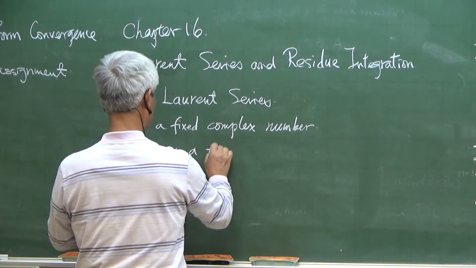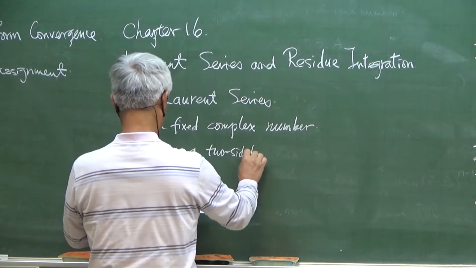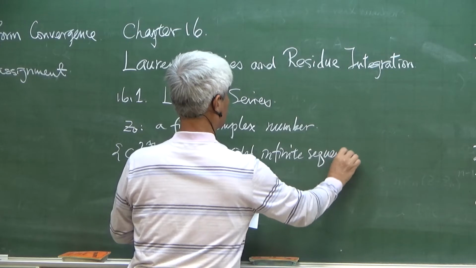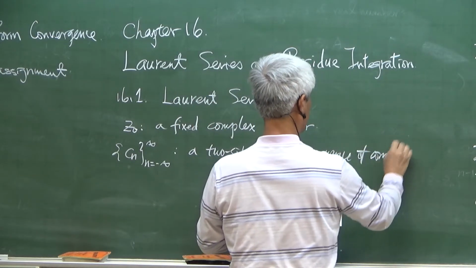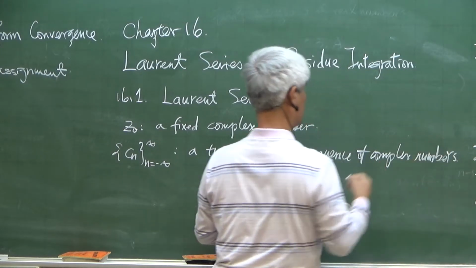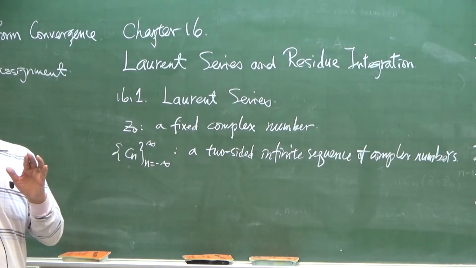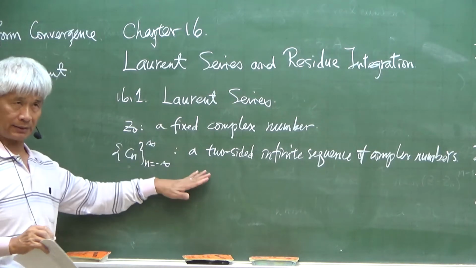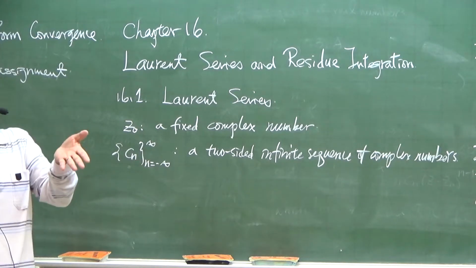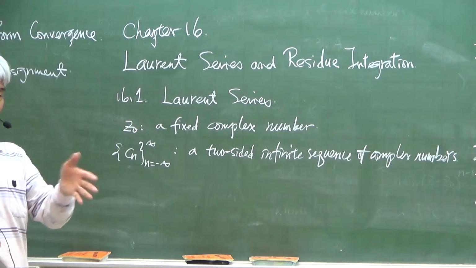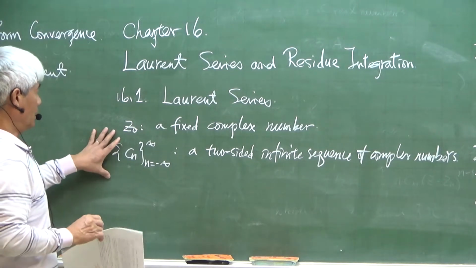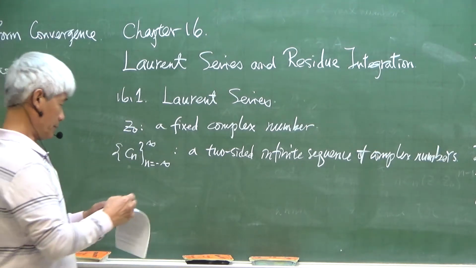So it's a two-sided infinite sequence of complex numbers. Unlike the power series, where you have only a one-sided infinite sequence, right? Starting n from 0 or starting from 1, that's fine, right? 0, 1, 2, 3, 4, 5, or 1, 2, 3, 4, 5, etc. But to define a Laurent series, you need a two-sided infinite sequence of complex numbers.